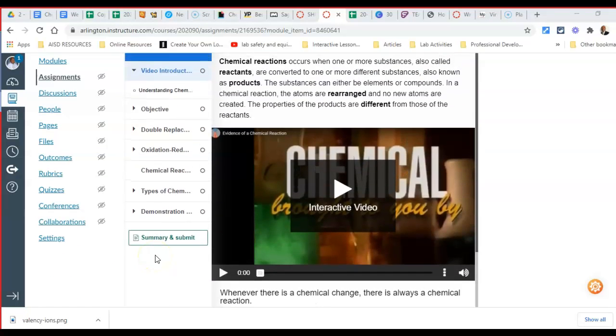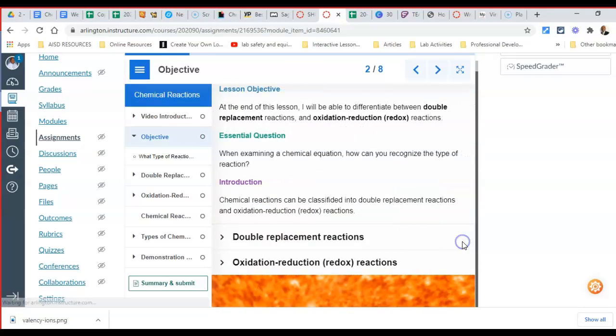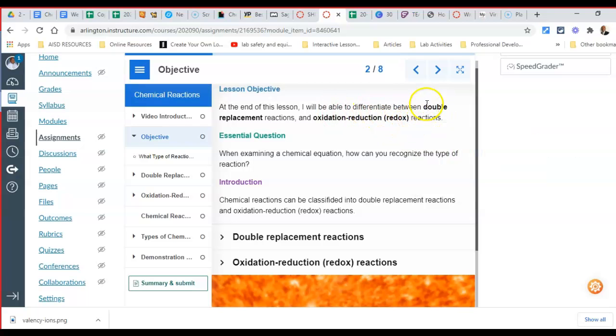All right. Now, in the next slide, we have the lesson objective. At the end of the lesson, you should be able to explain the difference between double replacement reactions and oxidation reduction reactions. Those are the 2 categories of chemical reactions we're going to look at. Each category has different types of reaction.